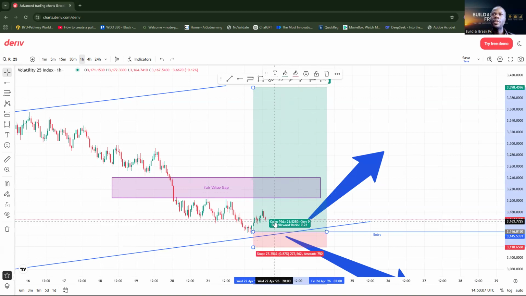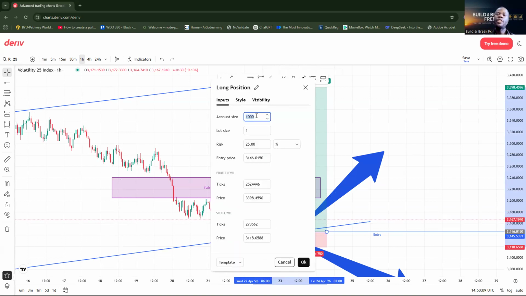So you can come here, and then it depends on your account size. Let's say we have a $20 account. The lot size is one. Let me see if you can change it to 0.1. What's your risk? If you ask for your risk in percentage, right? How much are you going to risk?